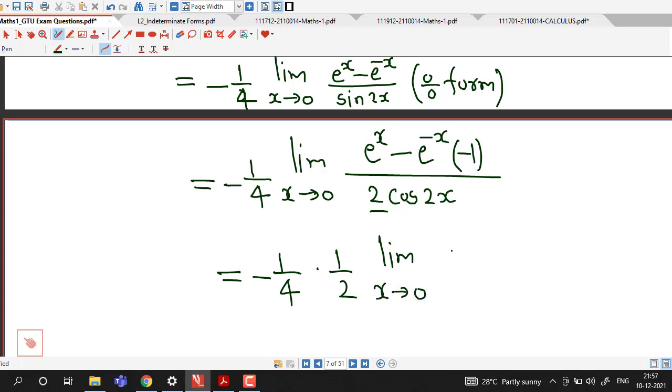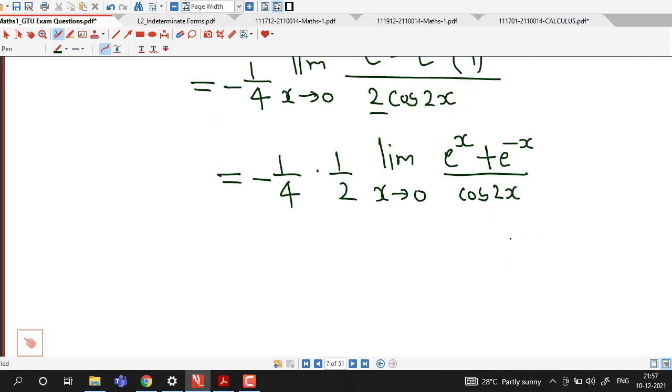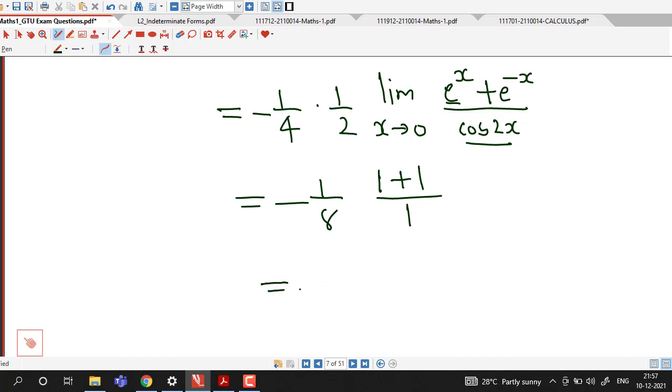Limit x approaching 0 of (e^x plus e^(-x)) divided by cos 2x. So finally we obtain minus 1 by 8. Here if we take x equal to 0, then we have e^0, that is 1, plus e^0, that is 1, divided by cos 0, which is also 1. So we have minus 1 by 8 into 2, that is minus 1 by 4.